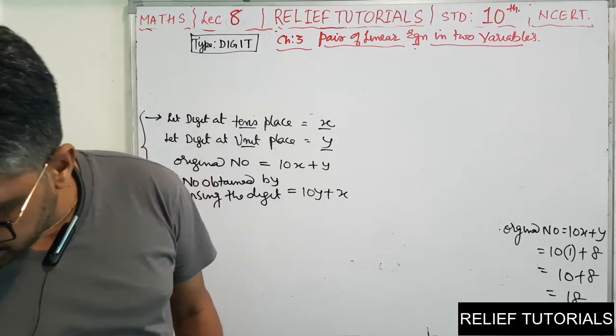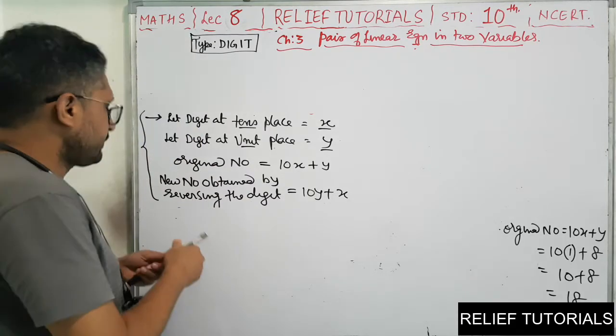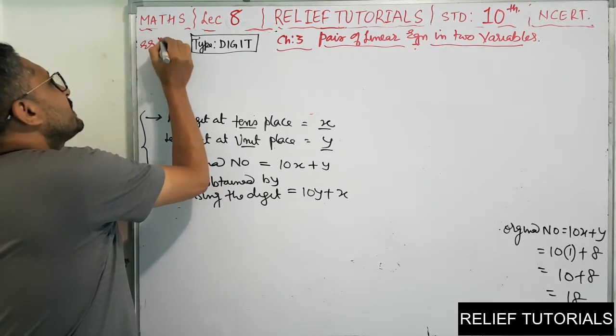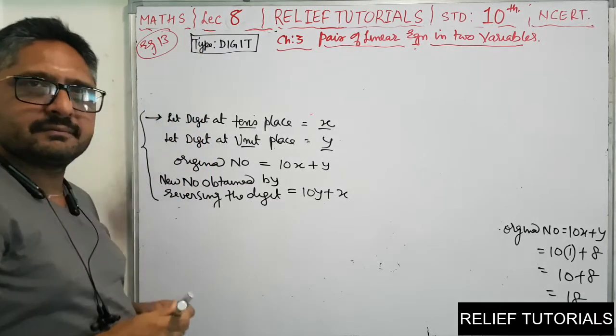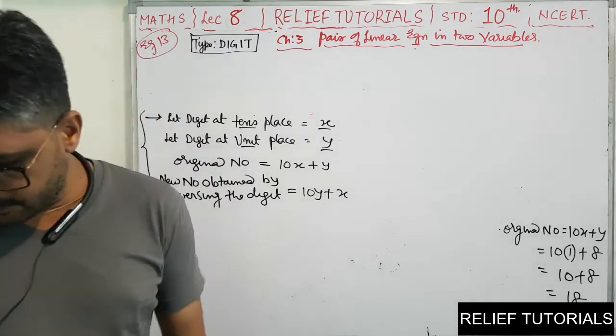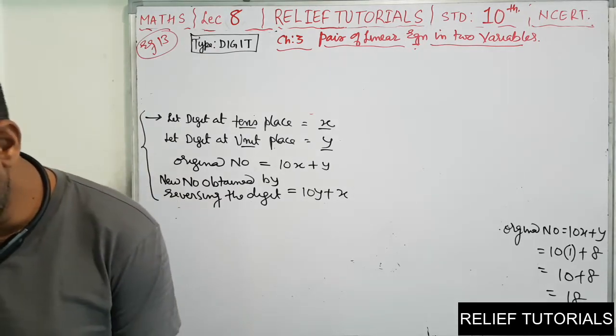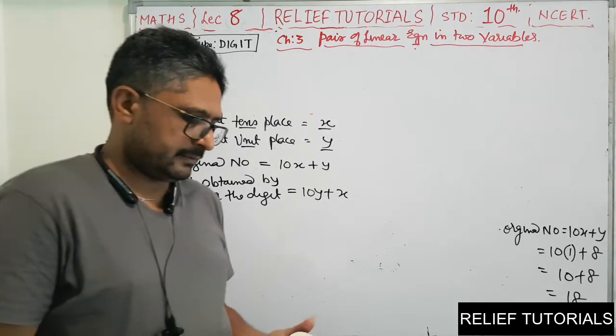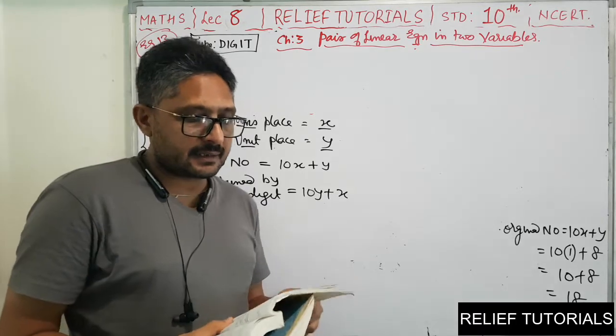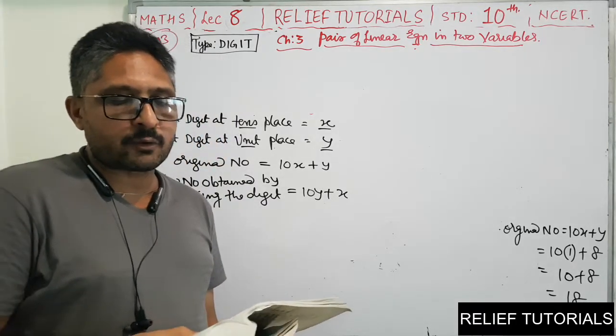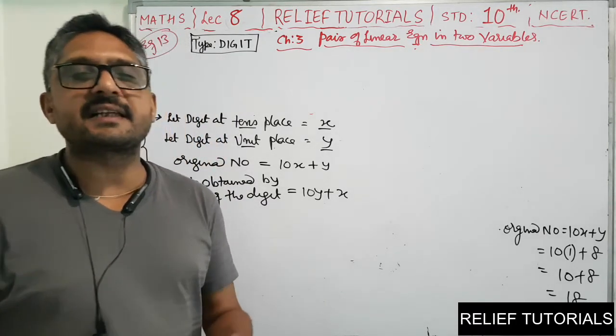we have one problem, Example 13 of your textbook. Clear? See, I will read the question, what it says. The question is: the sum of a two-digit number and the number obtained by reversing the digits is 66.